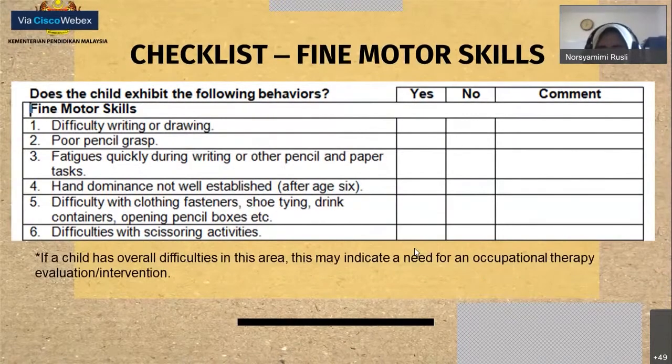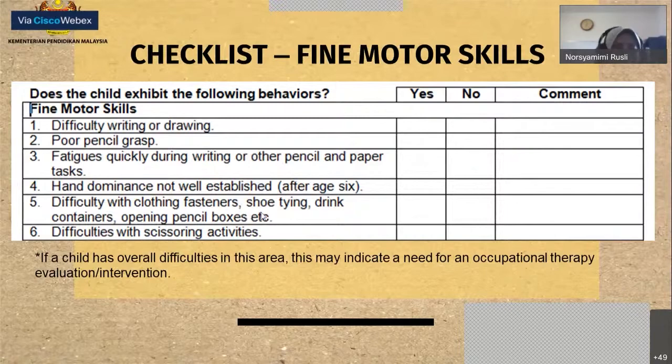Okay, so fine motor skills. You will observe whether the child is having difficulty writing or drawing. Does the child have poor pencil grasp? Is he easily fatigued during writing or pencil and paper activity?